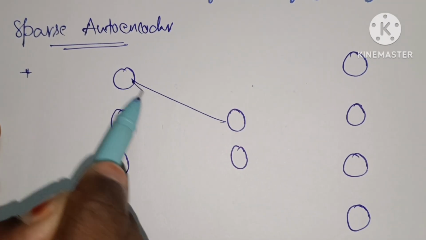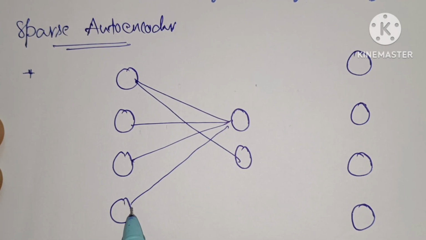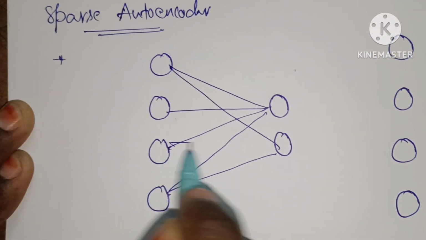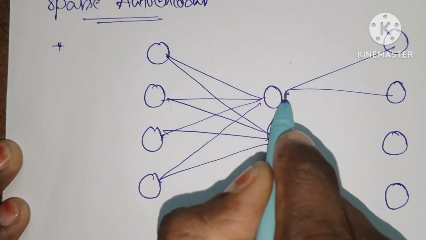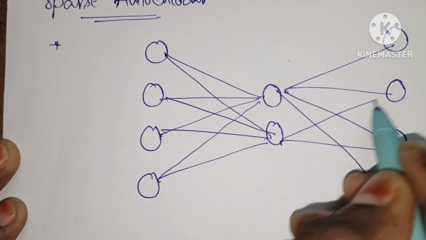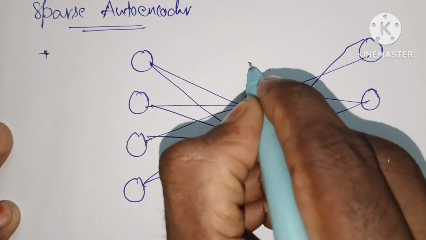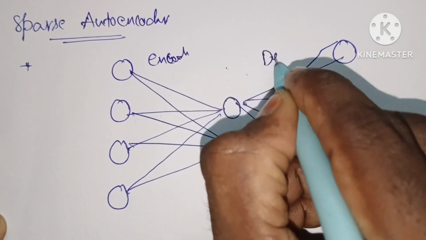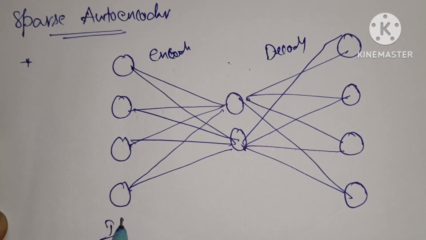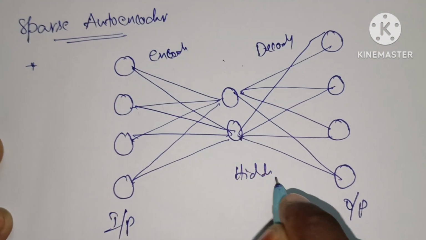So this is the encoder, decoder, input, output, hidden. Is it clear?